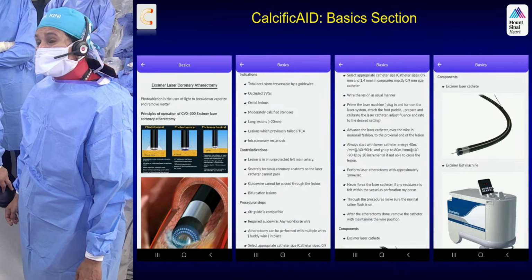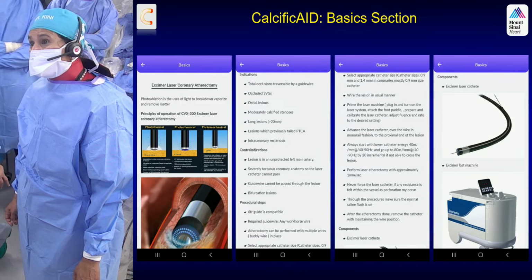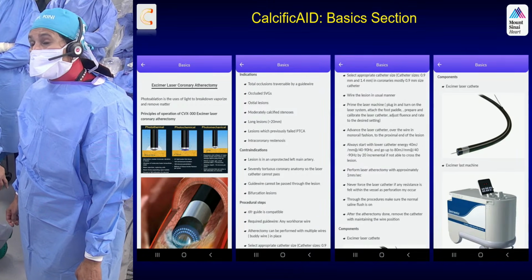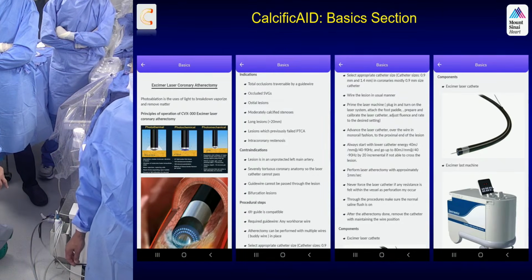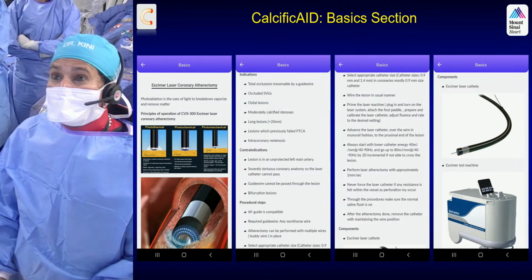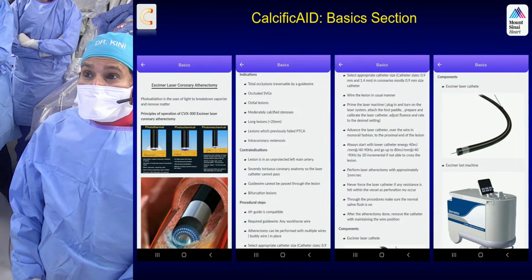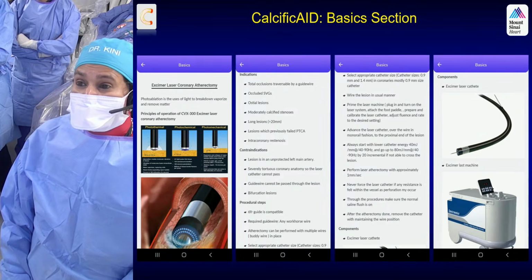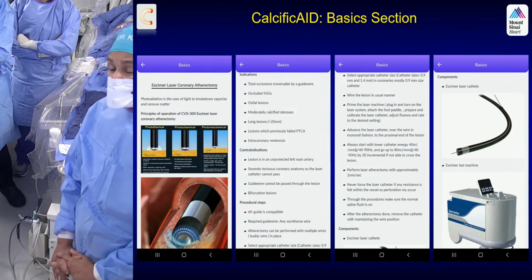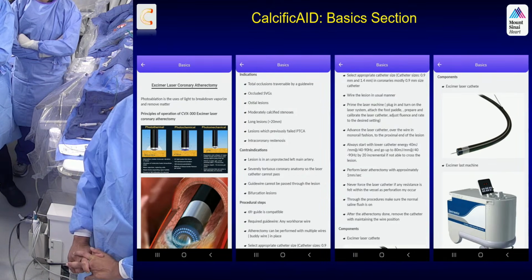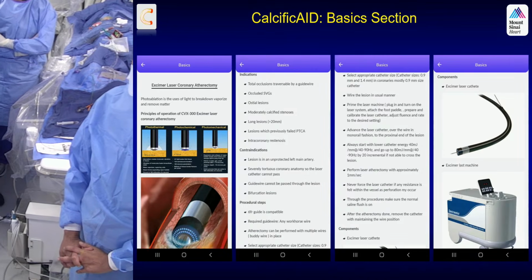So if you have decided, this is what we were trying to describe, how the laser works. The first slide itself shows the basics of how the laser works, which is photothermal, photochemical, and photomechanical. That's exactly what we showed here today. How it will work on intimal hyperplasia, how it will work on calcific lesions, or any kind of fibrotic lesion.